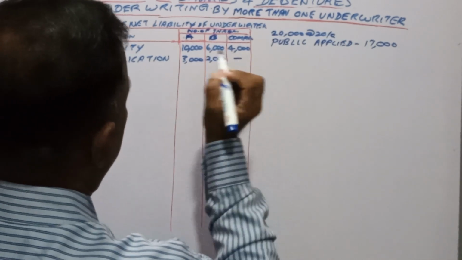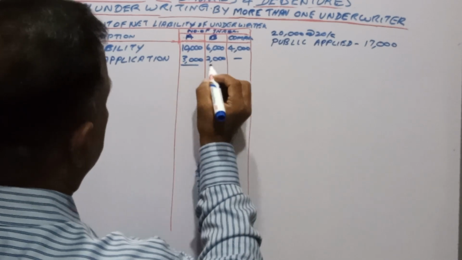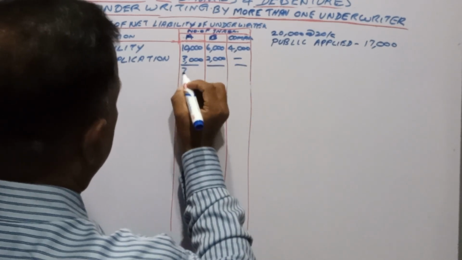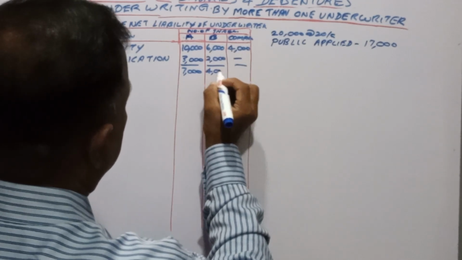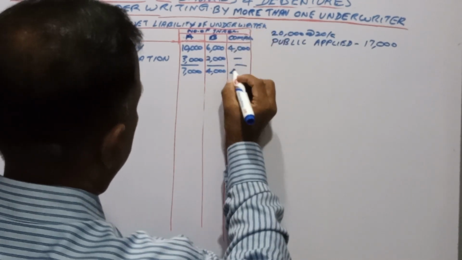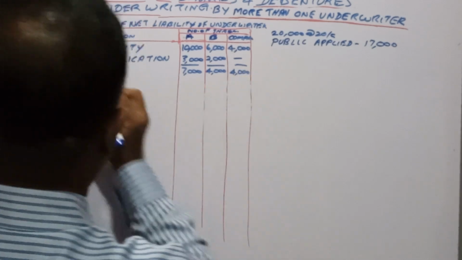So here we get 7,000, here 4,000, and this one also 4,000.